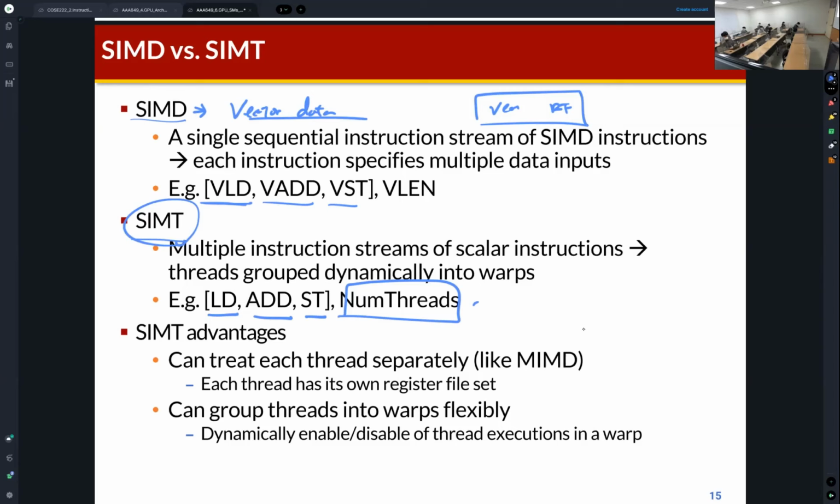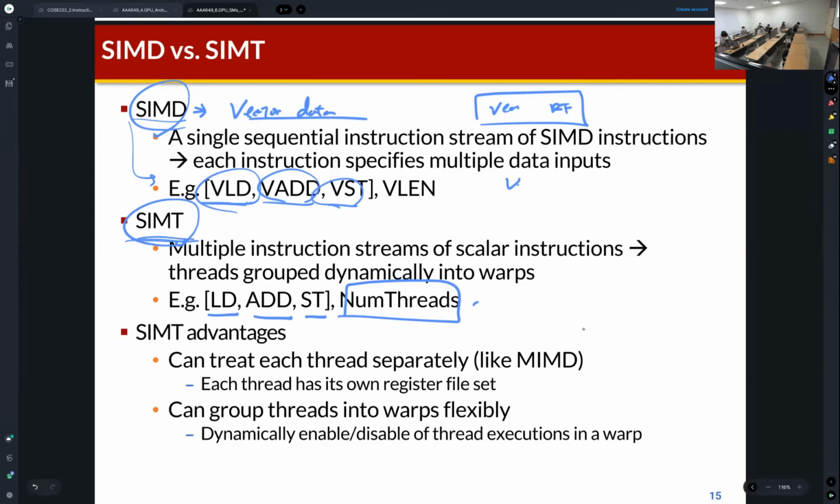But how about the SIMD? In order to use the SIMD model, we need to use the vector type registers. And these are optimized by compilers, not the programmers. The compiler needs to decide which part of code can benefit from the SIMD execution engine, so the compiler decides which SIMD instructions are used for some part of the code.